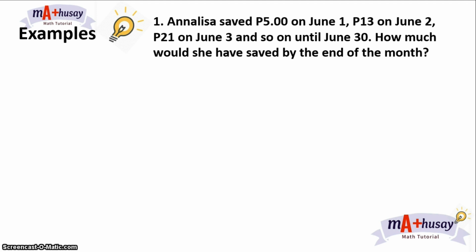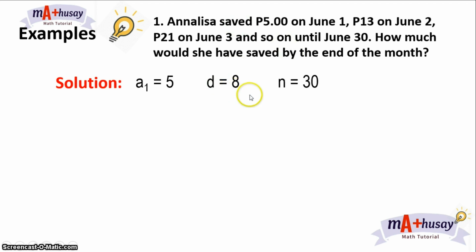We know that Annalisa saved 5 pesos on the 1st of June. So, the first term is 5. The common difference is 8. d is equal to 8 because 13 minus 5 is 8. And n is 30 since we want to find how much will Annalisa save by the end of June 30.